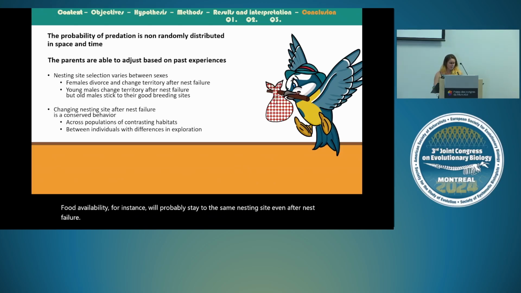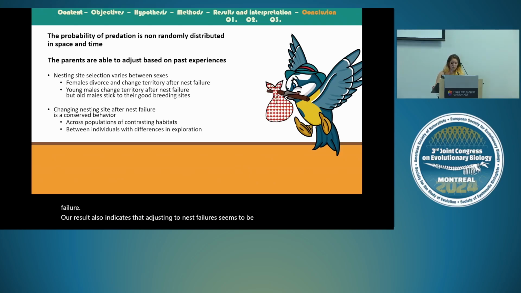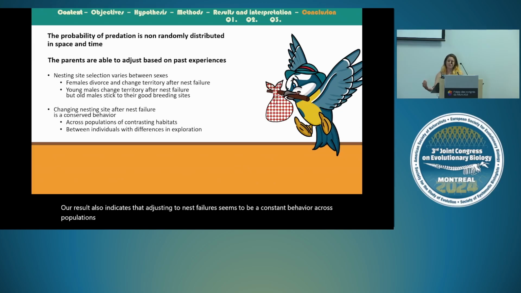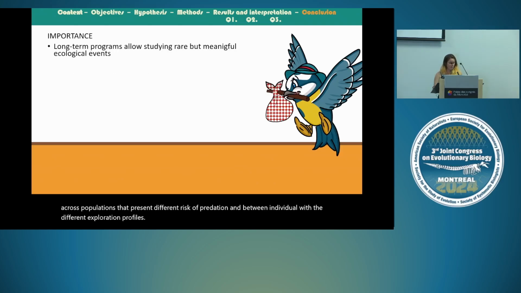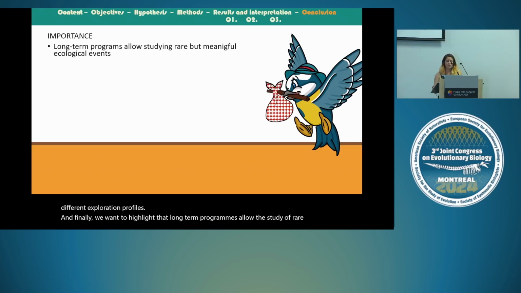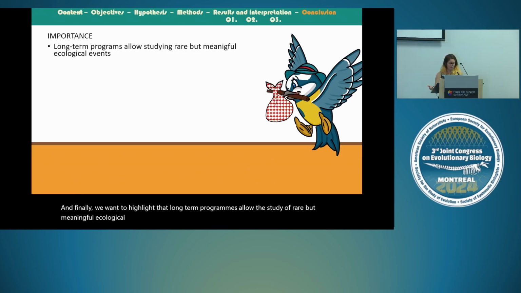Our results also indicate that adjusting to nest failure seems to be a conserved behavior across populations that present different risk of predation and between individuals with different exploration profiles. And finally, we want to highlight that long-term programs allow the study of rare but meaningful ecological events like nest failure.